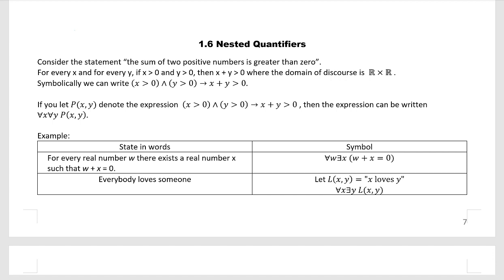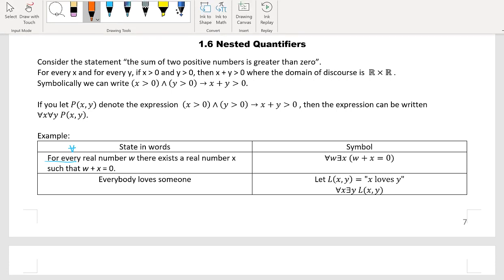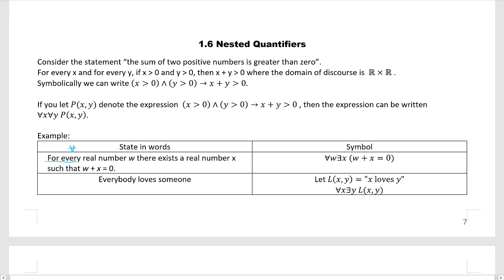Suppose we state in words: for every real number w, there exists a real number x such that w plus x equals 0. For every is this symbol. Then there exists is like an E flipped over to the left.